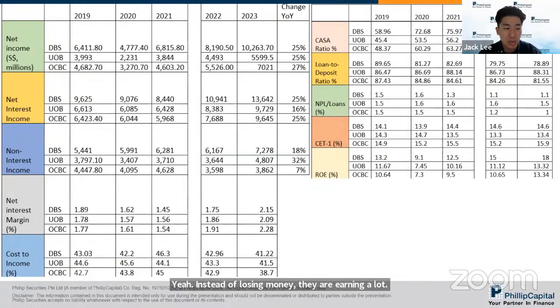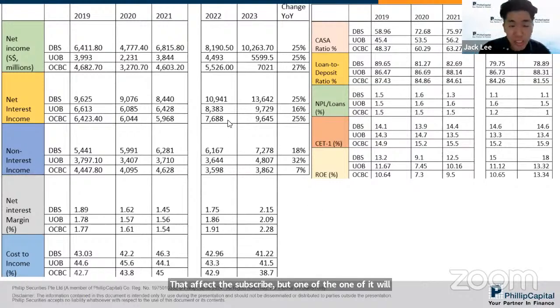So you can also see that the stocks for the banks have gone up a lot recently. Of course, there are a lot of factors that affect the stock's price, but one of them will be the fundamentals, of course.